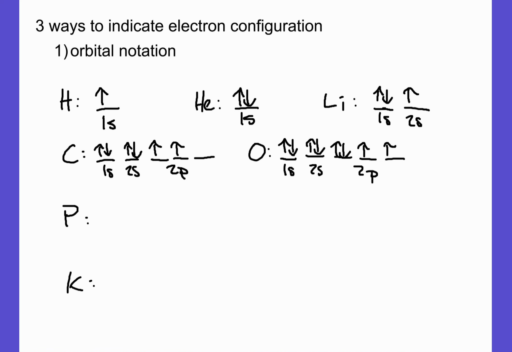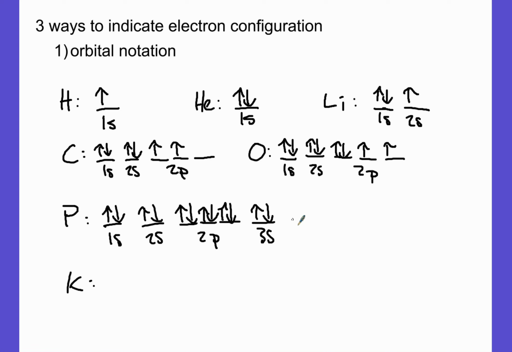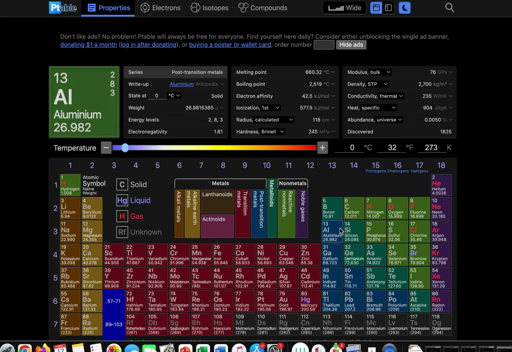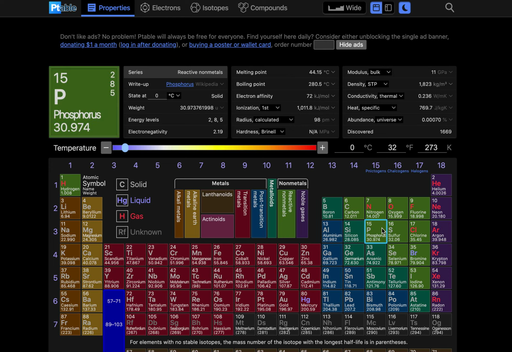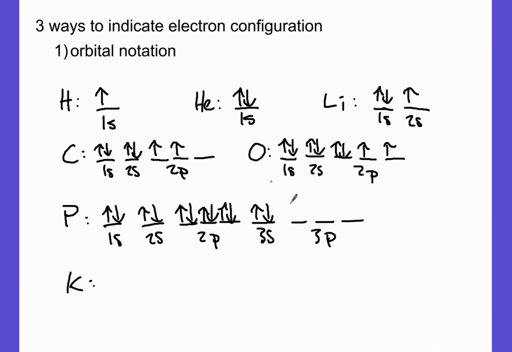And I don't really need to pay attention to much of anything other than 1s holds 2 electrons, 2s holds 2 electrons, 2p in this case obviously is full because I'm way beyond that. And then I go 3s that has 2 electrons, and then I worry about that last sublevel. 3p is where phosphorus was. So again, if I go check on phosphorus one more time, it's the 3rd element into the p block, so I know I need 3 more electrons.